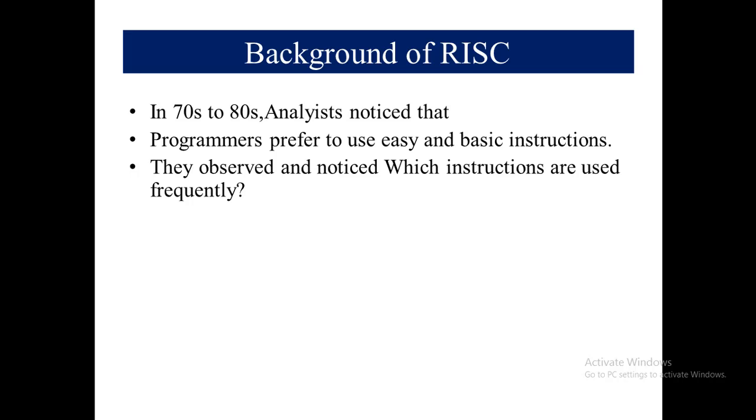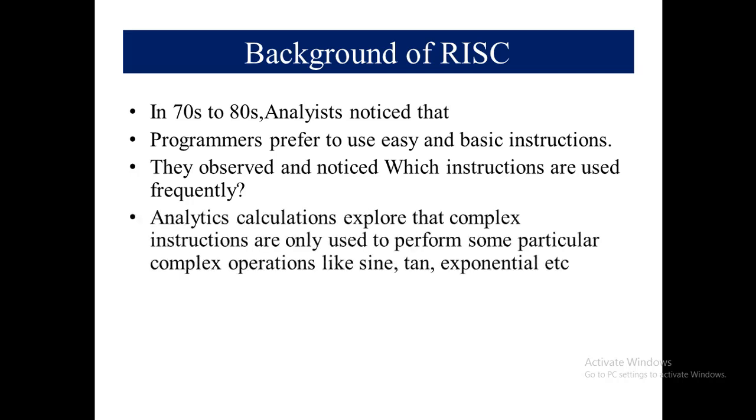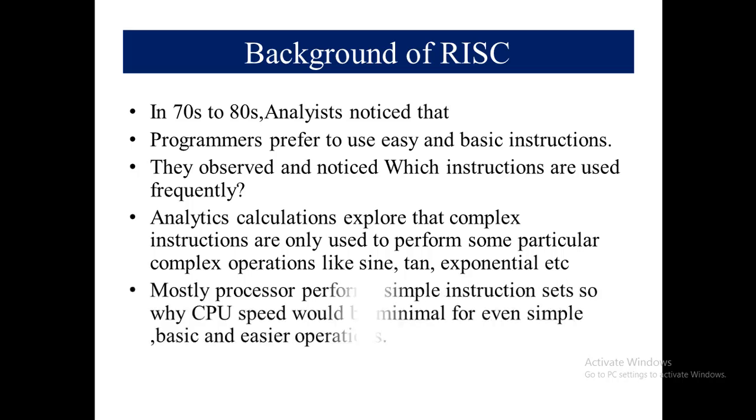They found that complex instructions are only used to perform some particular complex operations like sine, theta, exponential, tan. These types of floating point calculations were performed only occasionally. Mostly the processor performs a simple instruction set.